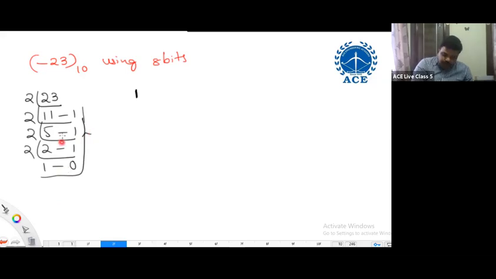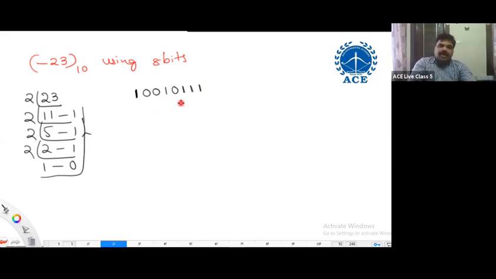Here 5 bits is sufficient, 10111, but I have to use 7 bits. That is the reason I am making it 0010111. So 10111 is sufficient, but I have to use 7 bits because it is mentioned 8 bits.